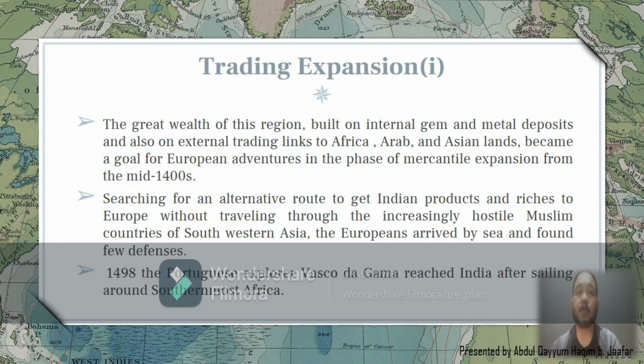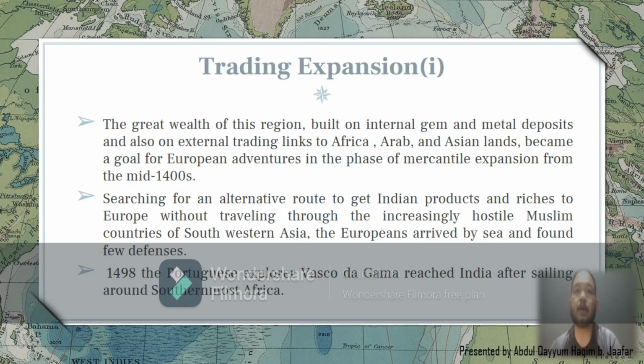The first point is the great wealth of this region, built on internal gem and metal deposits and also on external trading linked to Africa, Arab and ASEAN lands, which became a goal for European adventurers in the pace of mercantile expansion from the mid-1400s.